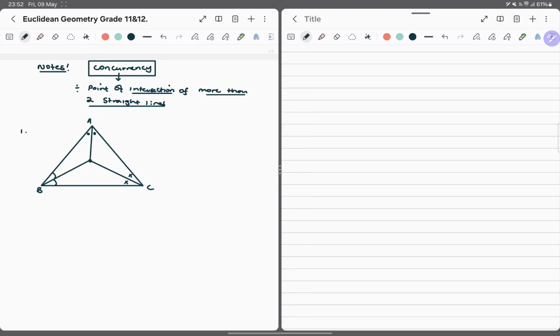We know that they are concurrent, meaning they come together at a common point. Perhaps we can call this point O if we like. It doesn't matter. So what do we call that point of concurrency of the bisectors of the angles of a triangle? We know that O, maybe let's write the notes underneath, is the incenter.